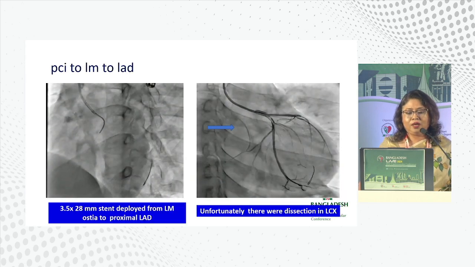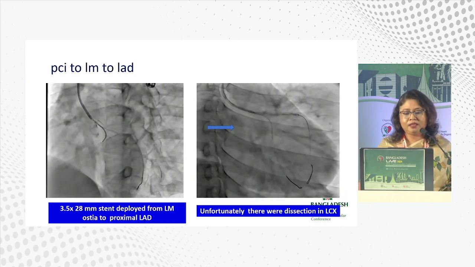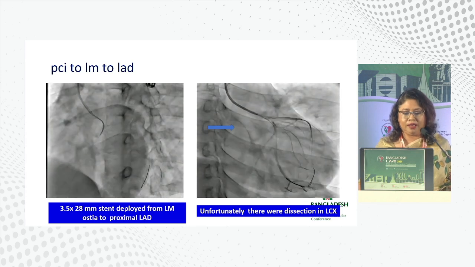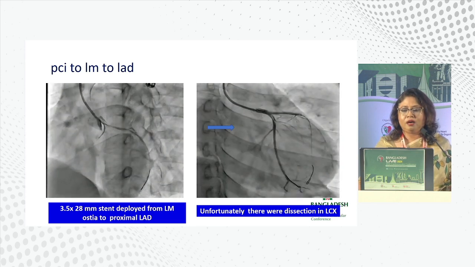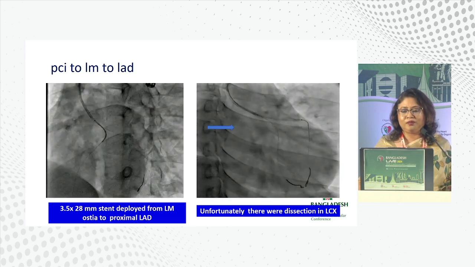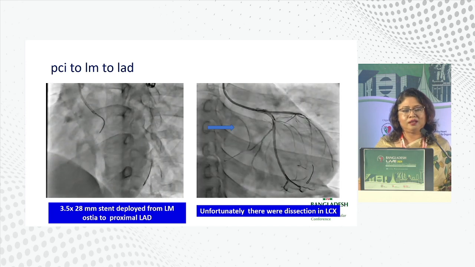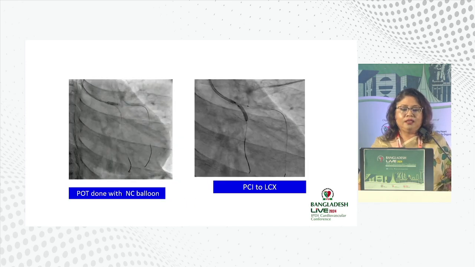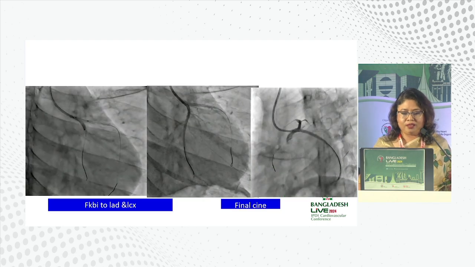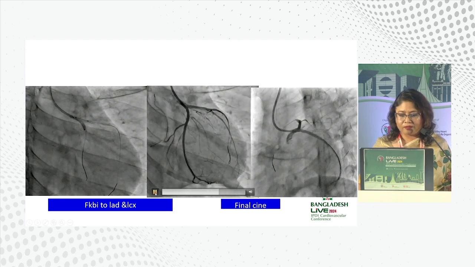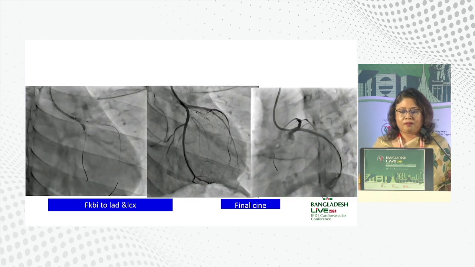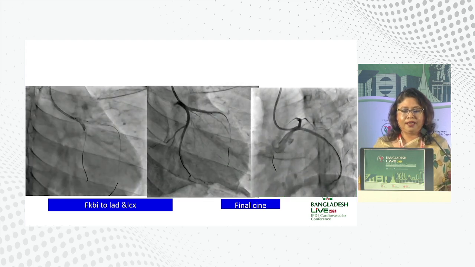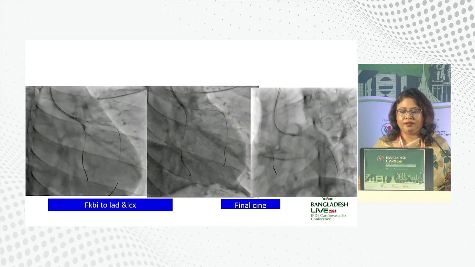So we deployed a 3.5 by 28 millimeter DES from LM to proximal LAD. After that, with a shot, we could see that it extends to the LCX as well. So what was done? LCX was stented after recrossing, and this is the final stenting. After that, KBI was done, and this is the final stenting.